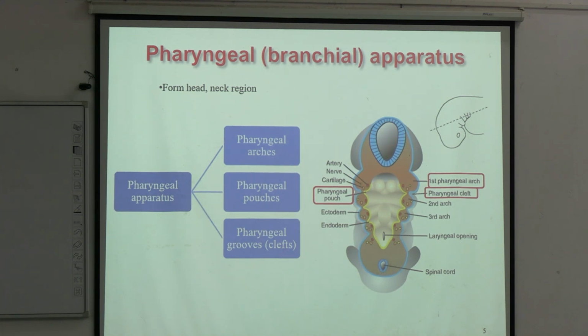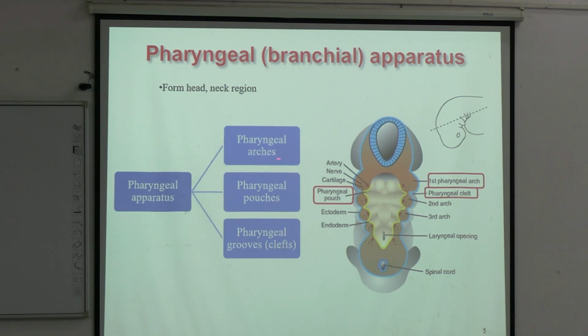Now what do we have to do? We have to learn what contributions are coming from the arches, the grooves and the pouches in this future neck region. And these are all questions which may be developmental error based questions or MCQs. As we are learning this, we take one at a time.